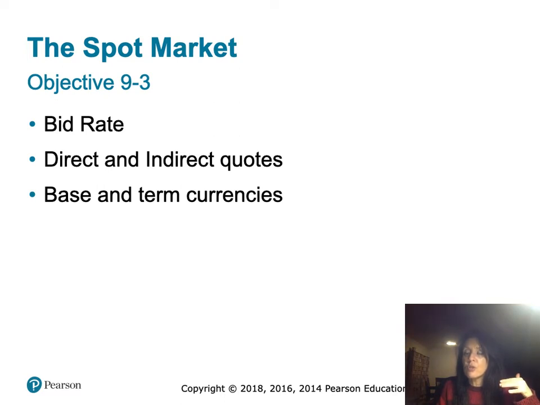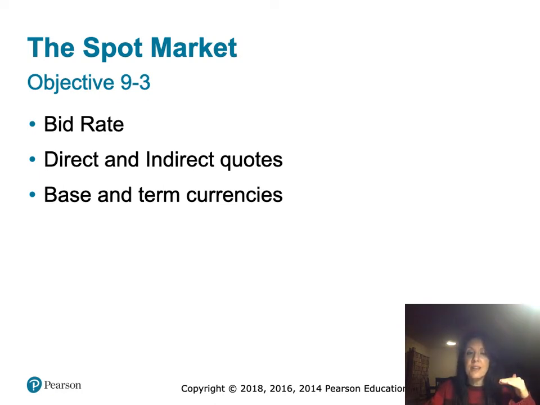So the dealers will always quote the base currency, the denominator, first, followed by the terms currency, the numerator. The base currency is always the denominator, whereas the terms currency is the numerator.